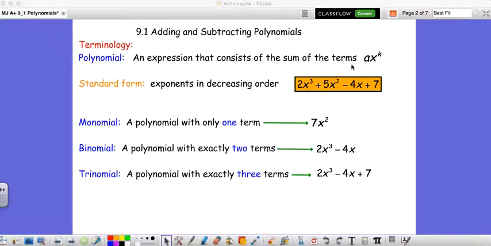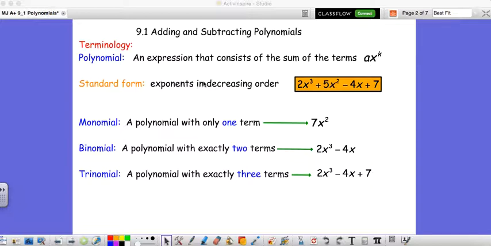Here it's a 2. Then it has the x value, and then it has an exponent, so a k. Even the 7 would be 7 times x to the 0th power, because anything raised to the 0th power is just 1. So a polynomial is just an expression that consists of a bunch of these little terms that look something like a times x to the kth power.